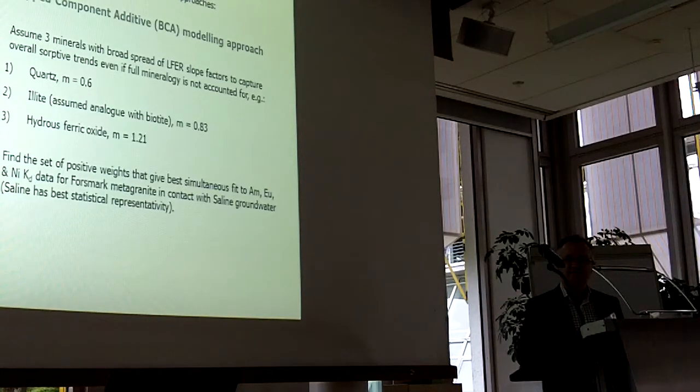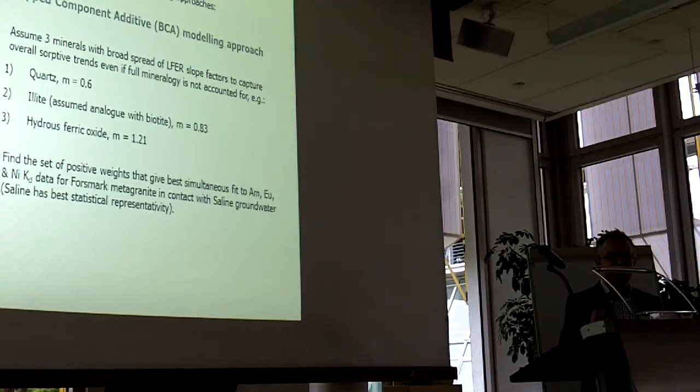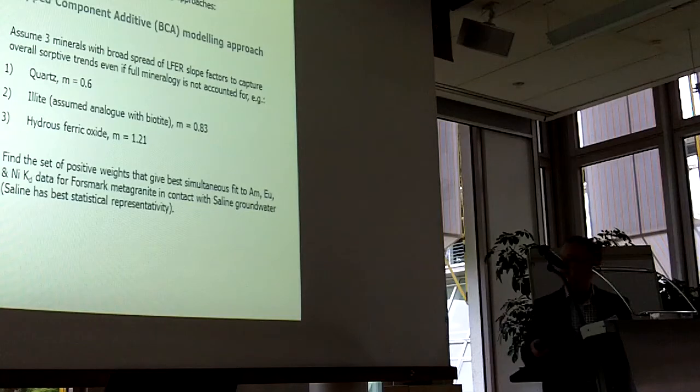I think there were 5 samples times 3 replicates, so 15 measurements that I could base the mean behavior of the rock on. And then also the fact that because it's strongly saline, it will minimize the effect of cation exchange in the case of nickel. So I'm trying to isolate the component that is associated with the surface complexation.